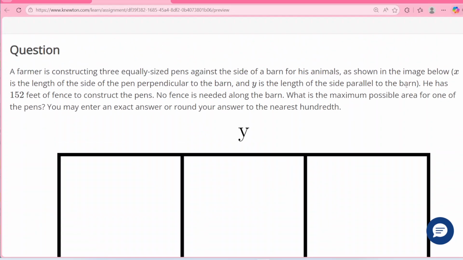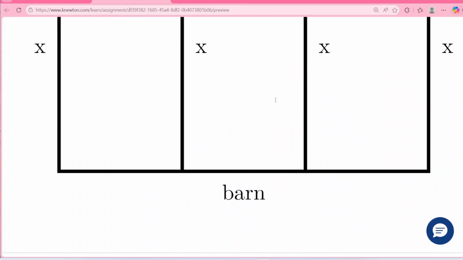They're already telling us X is the length of the side of the pen perpendicular to the barn, and Y is representing the length of the side parallel to the barn. This farmer has 152 feet of fence to construct these pens. No fence is needed along the barn. So this side down here where there's the barn, no fencing is needed.